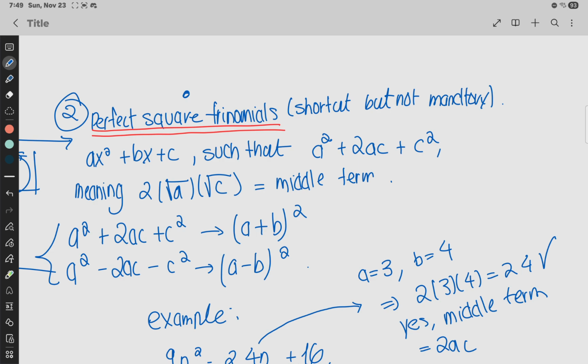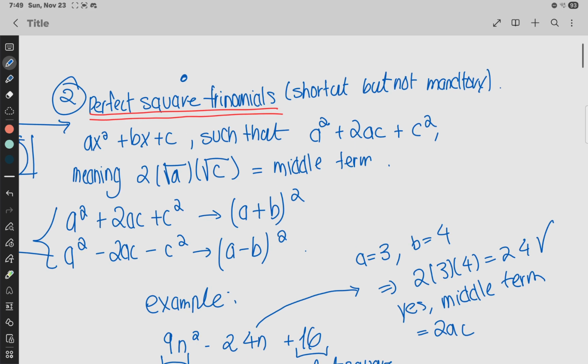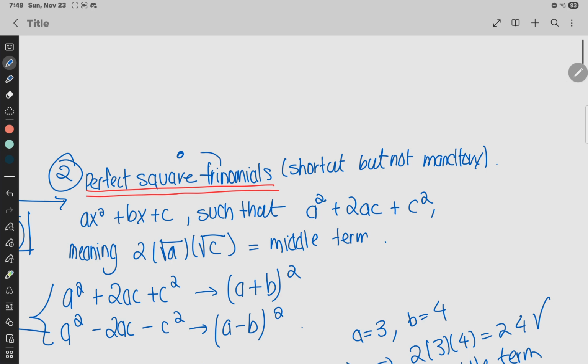However, for this perfect square trinomial case, you can do decomposition. You don't have to use this shortcut, but it's ideal because it's much faster. Okay. So we've learned it, but this comes in 3 terms.